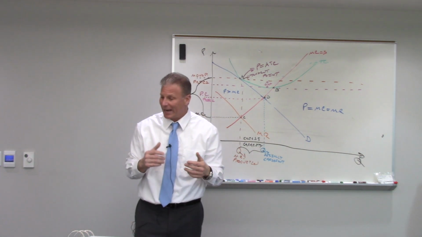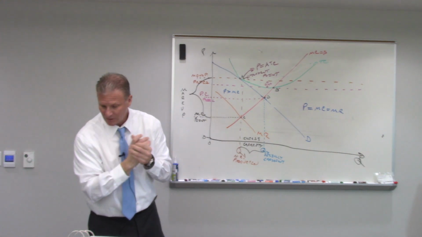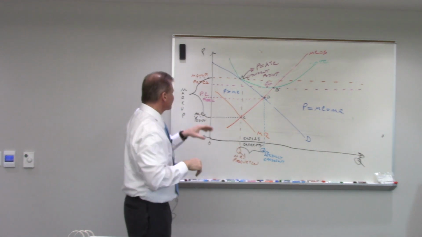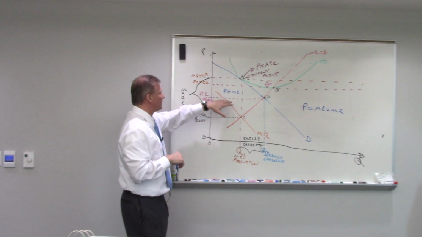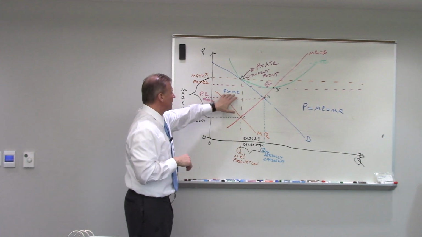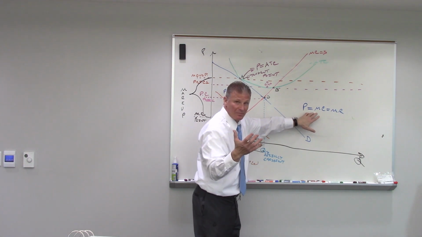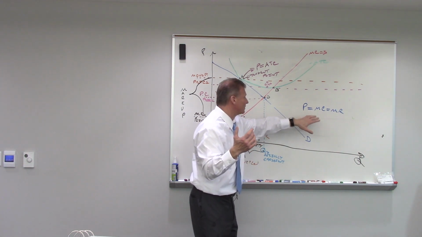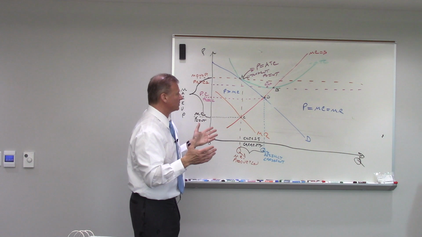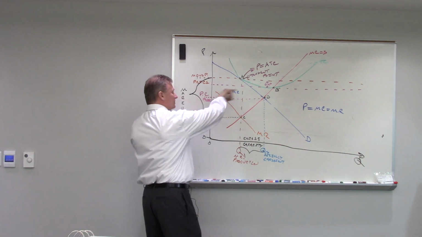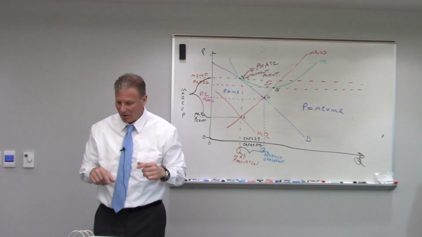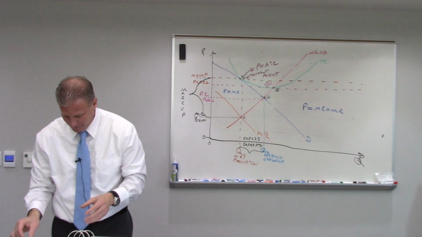So you still lack some efficiency. Again, price is certainly above your marginal cost. In a perfectly competitive market it would be lower, and marginal cost would equal marginal revenue, which would equal price. Remember that price line.